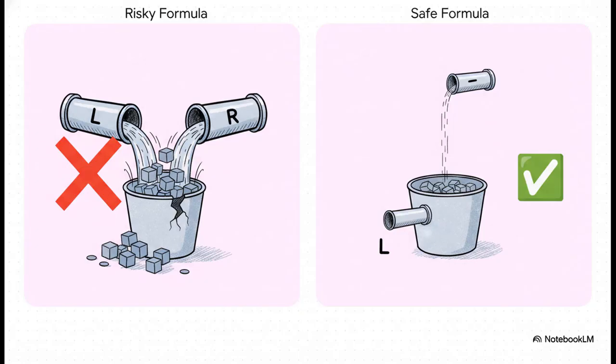And here is where that sneaky bug lives. Look at these two formulas. On a piece of paper, they're the exact same thing, mathematically. But for a computer, that first one is a ticking time bomb. If L and R are both gigantic numbers, adding them together first could be the thing that pushes the sum over the limit and causes that overflow. The safe formula, though, is much smarter.